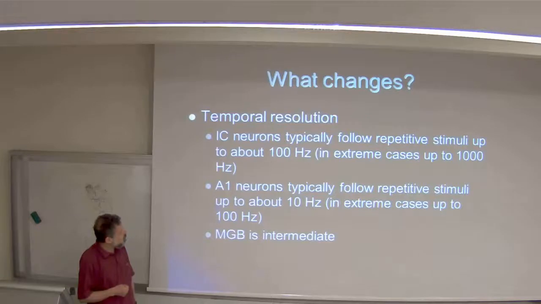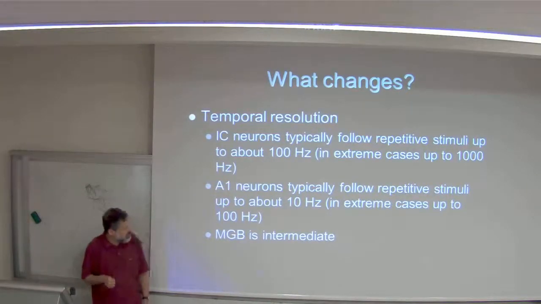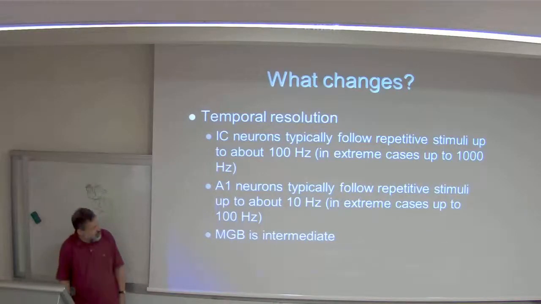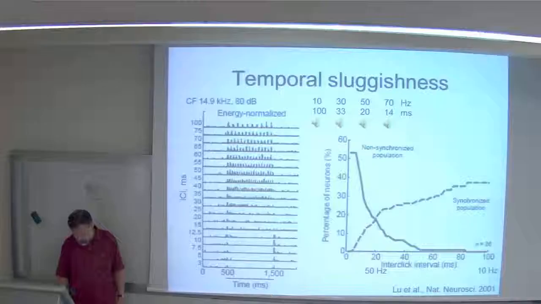In the inferior colliculus, typically you will find responses to repetitive stimuli up to 100 hertz. There are examples; in each experiment, you find a few that do much faster than that. But when you go to auditory cortex, it turns out that auditory cortex typically follows repetitive stimuli up to 10 hertz. In extreme cases, this is in the cat again, up to 100 hertz.